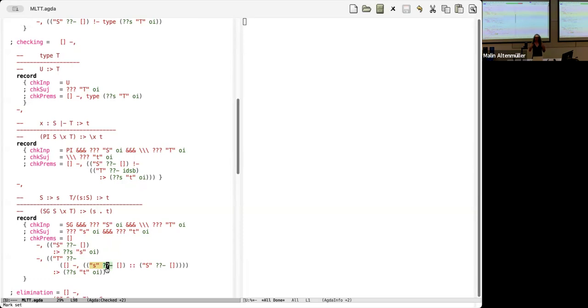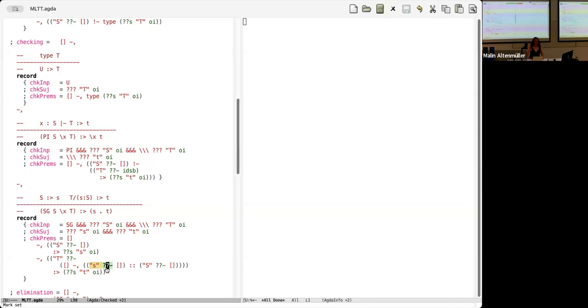So there's a whole bunch of very careful scope management going on, where when you use a subject pattern variable as a premise, it becomes out of scope for more subject activity, but suddenly in scope for everything else.